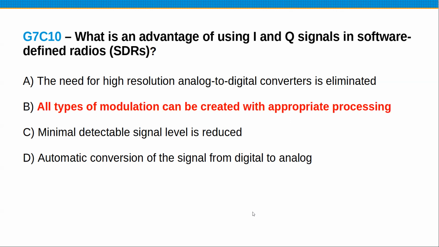And I don't know about automatic conversion from digital to analog. That's not necessarily true, because you will still need, either within the processing portion or separate, a digital to analog converter to get it back to the analog domain for your audio.